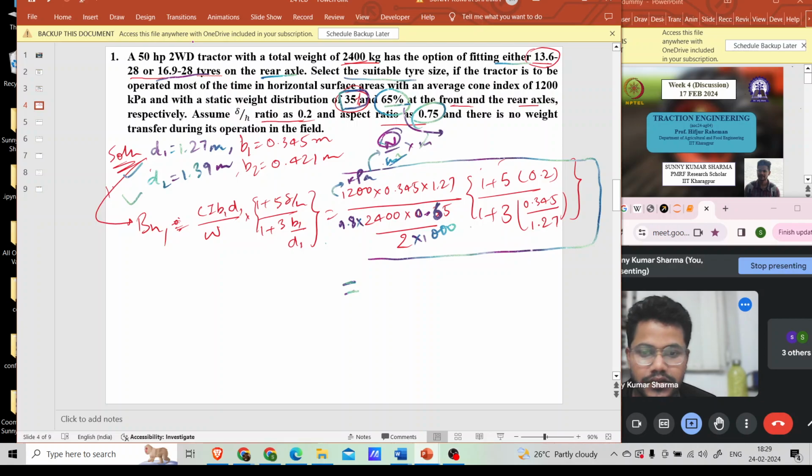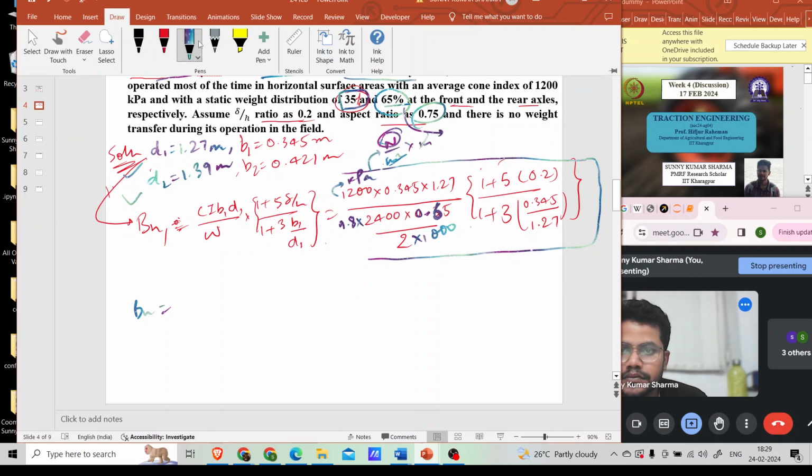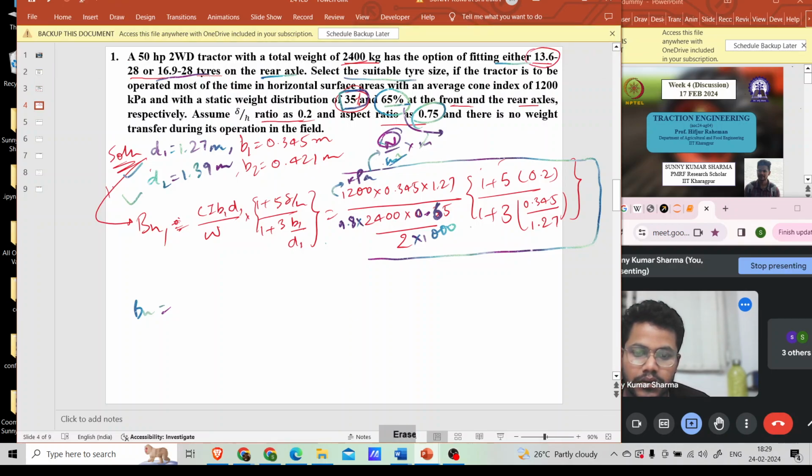Now you do the calculation. For the wheel numeric of the second wheel, B1 and D1 will change.